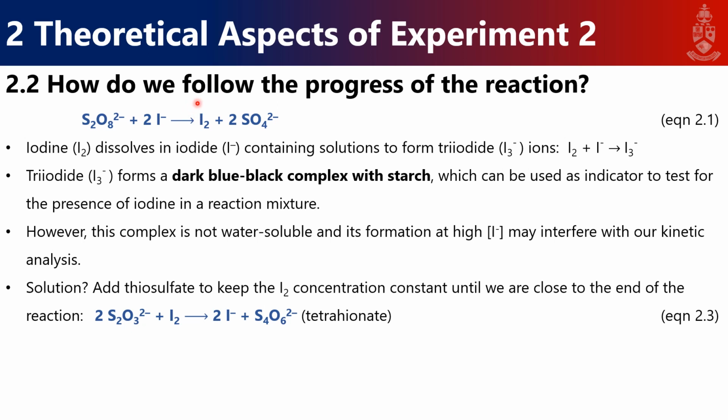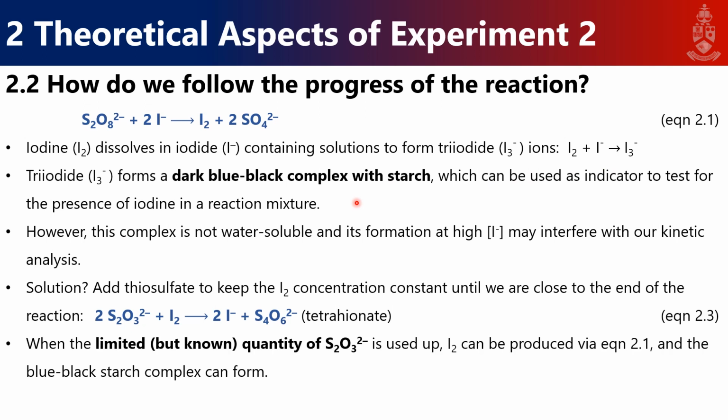It will react with the iodide, I will have triiodide, and then I'm going to have a color change. So I have a limited but also known quantity of the thiosulfate, and you will see in your experiments that you're going to add the same quantity of thiosulfate for all your reaction mixtures.